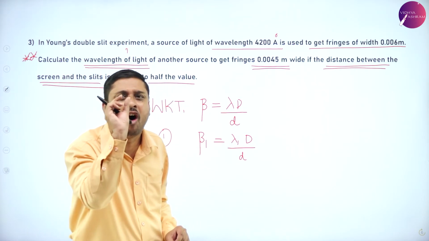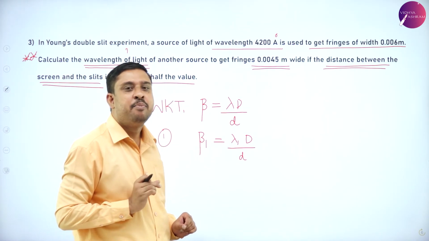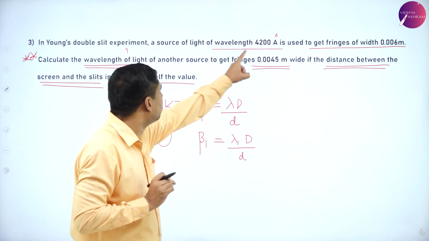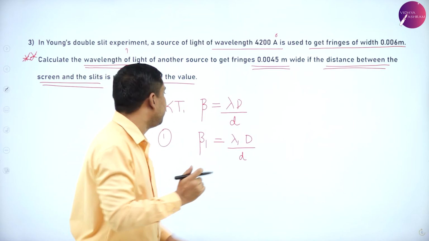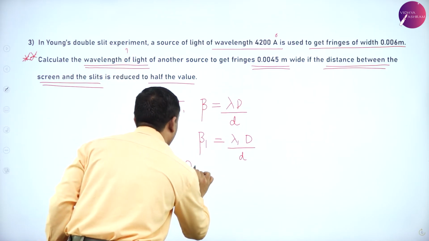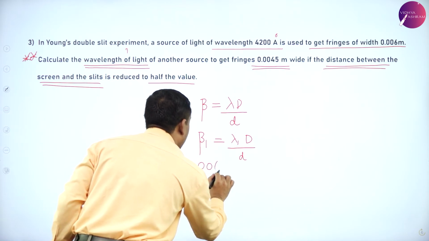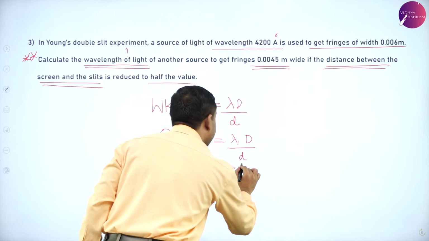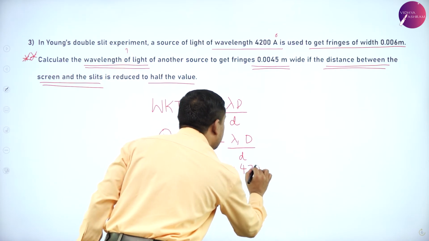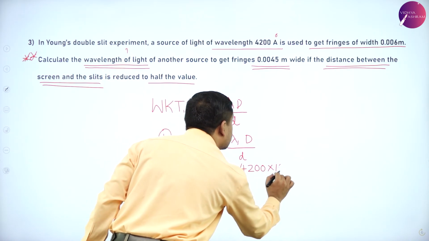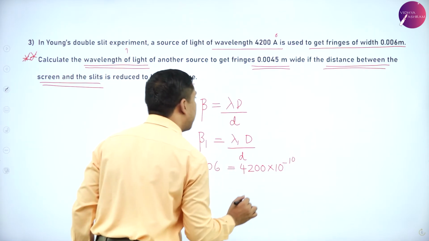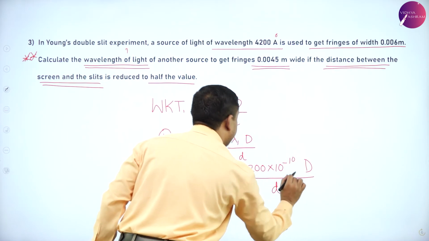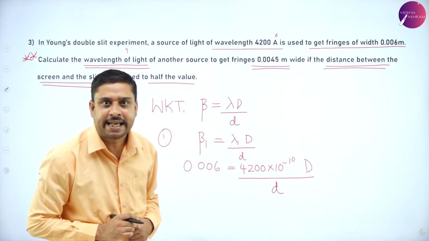Small d is the small distance between the slits. Now, substitute. Beta 1 is 0.006. Lambda 1 is 4200 angstrom, 10 power minus 10, capital D divided by small d.